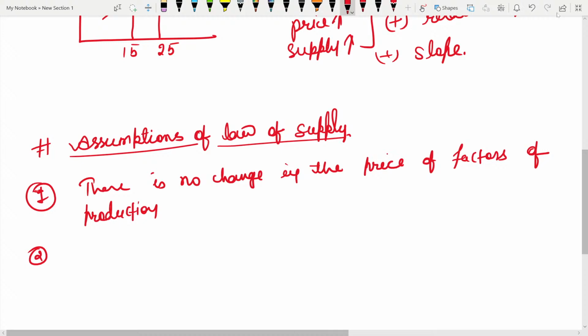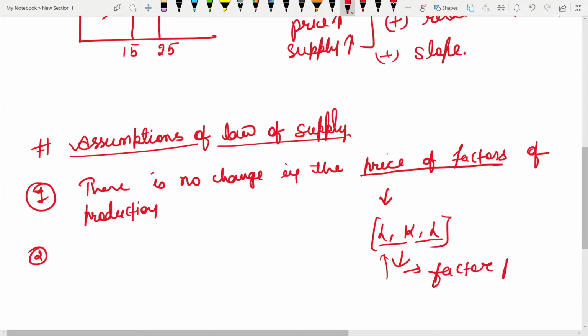So the first assumption says that there is no change in the price of factors. What does it mean, price of factors? Let's suppose in the production process we are hiring labor and using capital and land. These are factors. Payment to labor is in terms of wage, to capital in terms of interest, and to land in terms of rent. If we are making this kind of payment to factors, this is factor payment.